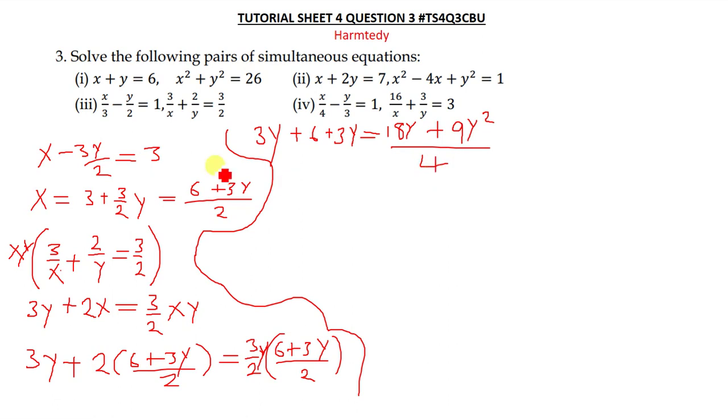So you can simplify this expression by simply just cross multiplying this.